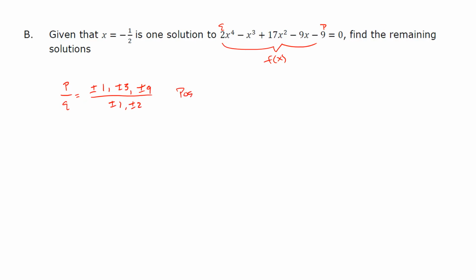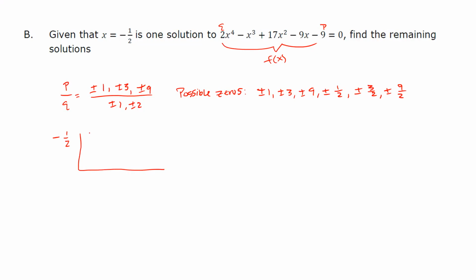So its possible zeros are plus or minus 1, 3, 9, 1/2, 3/2, and 9/2. Now we know that negative 1/2 is a zero, so we can start with that zero. Okay?